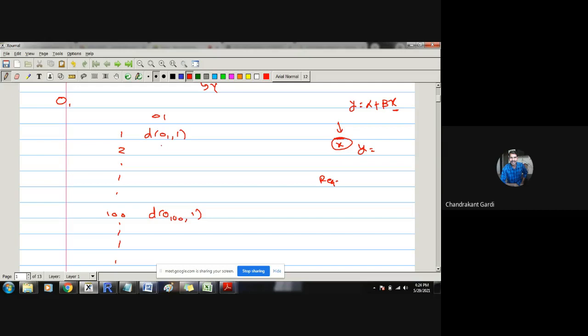Just putting the x value here, we can come up with a value of y. Say y comes out to be 3.2. So for this unit, y cap, the estimated value of y, will be 3.2. Within a fraction of time, just by putting the value of x in our regression model, we come up with an estimate of y. So this prediction of y takes just a minute or two.